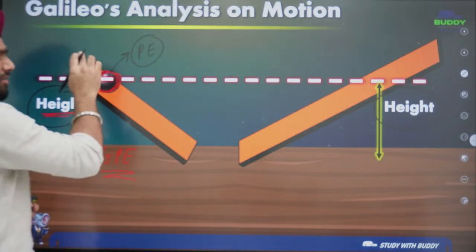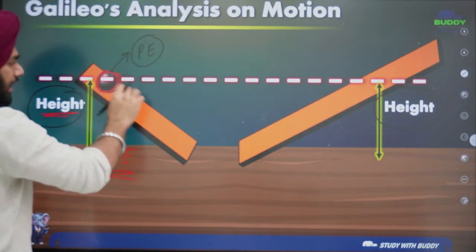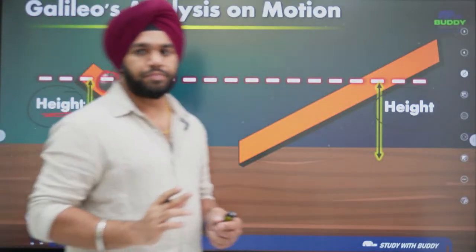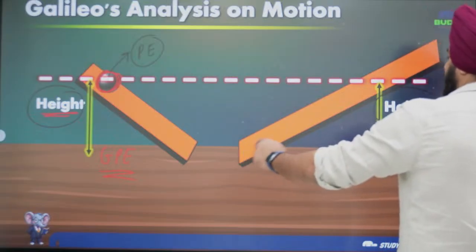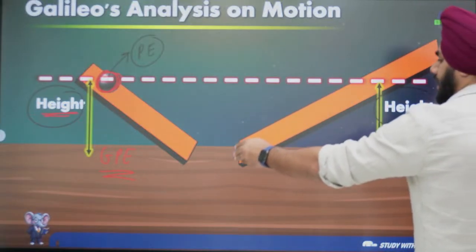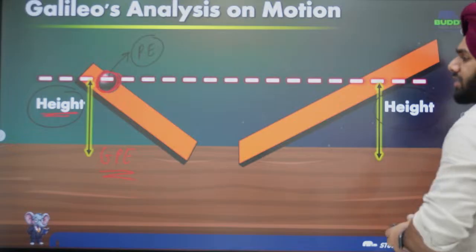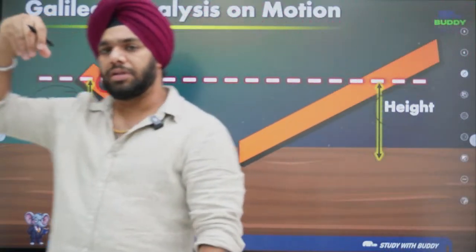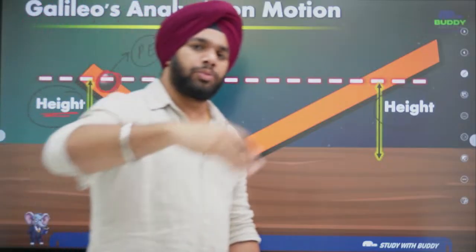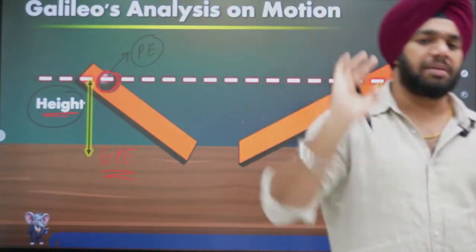That means this gravitational potential energy was reducing and the kinetic energy was increasing. Again at this height, kinetic energy got transformed into potential energy. So Galileo wanted to explain that if I drop the ball from some height and allow it to move, it will again reach the same height.